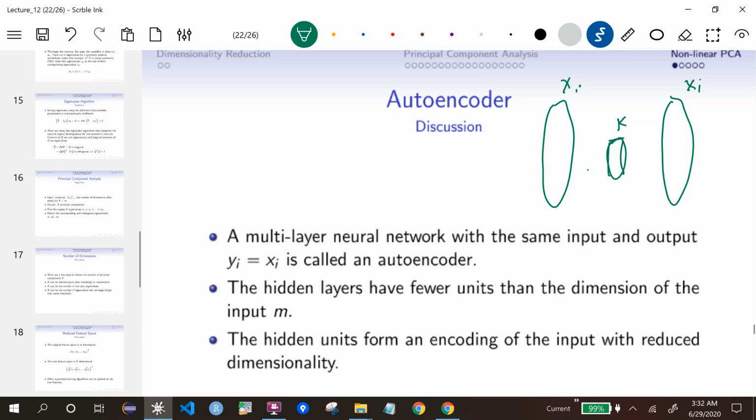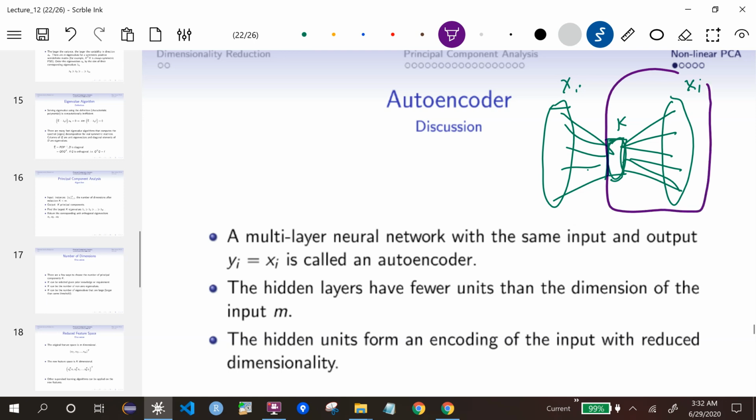With k hidden units, we can train a neural network with this input and the same output, fully connected. After training, a face is encoded by k numbers. Independent of the original image, if you look at only this part, none of the weights are connecting the original image to the output.